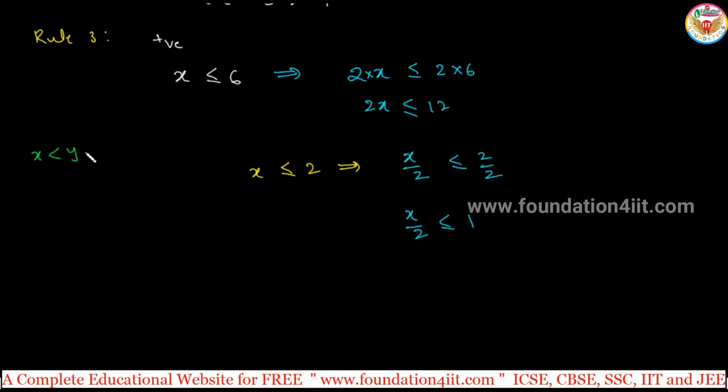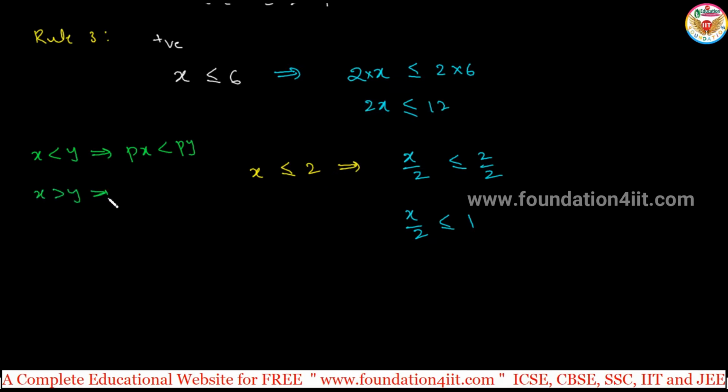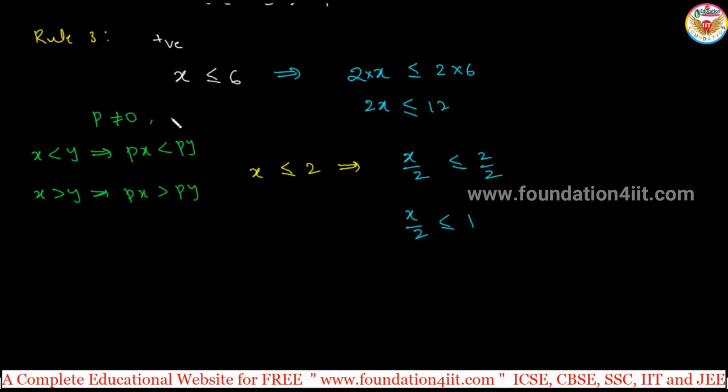We can write the rules this way. If x is less than y, then px is less than py. Here p is a positive number, only positive. In the same way, if x is greater than y, then px is greater than py, where p is not equal to 0 and p is positive.